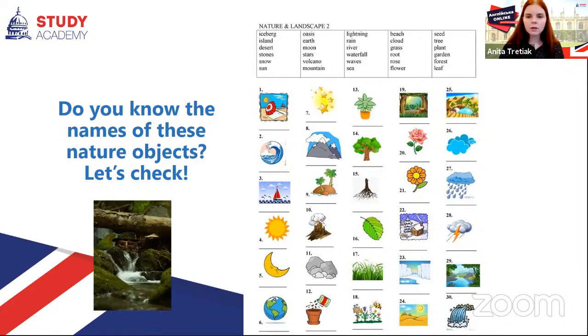Earth, stars, river. Okay, then mountains. Okay, I agree with you. What about other words? So you have like 3 minutes to complete all words.